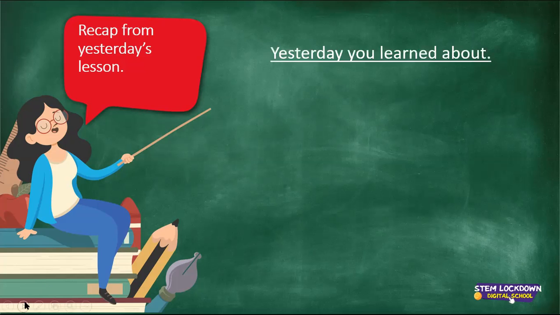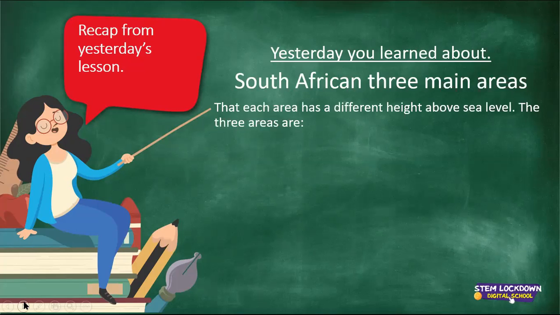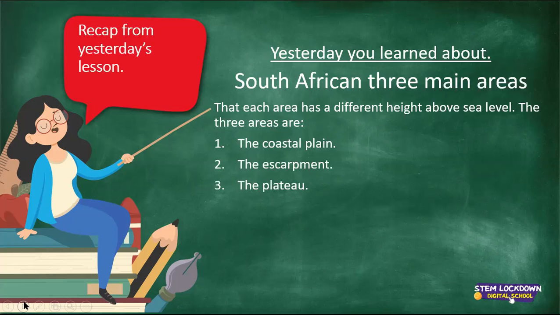As Leletu said, yesterday we learned about South Africa's 3 main areas. Are we clear? We learned that each area has a different height above sea level. And the 3 areas are the coastal plain, the escarpment, and the plateau.